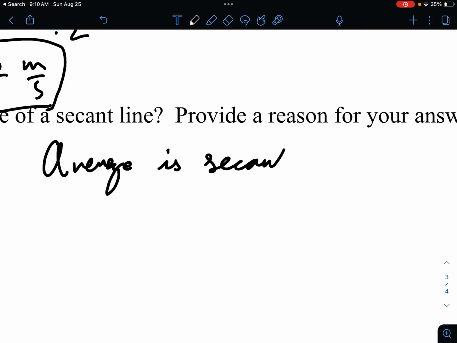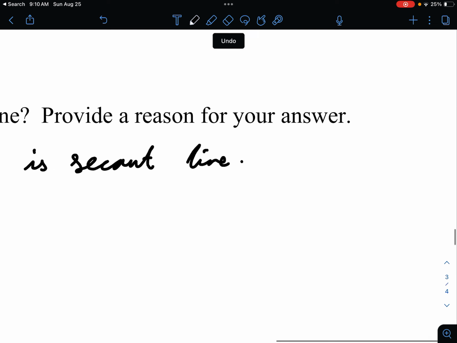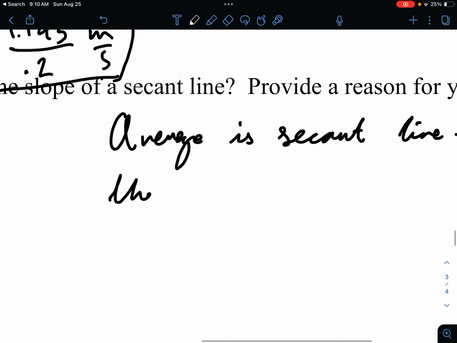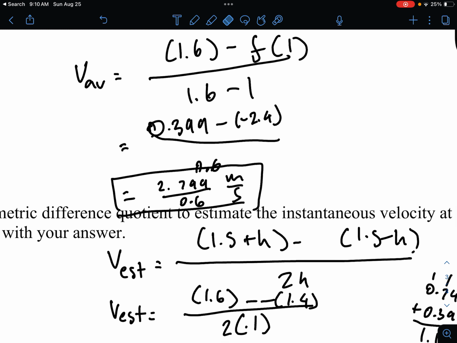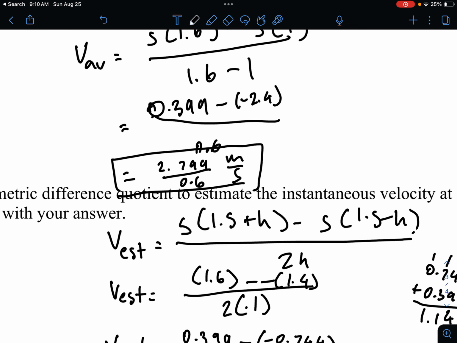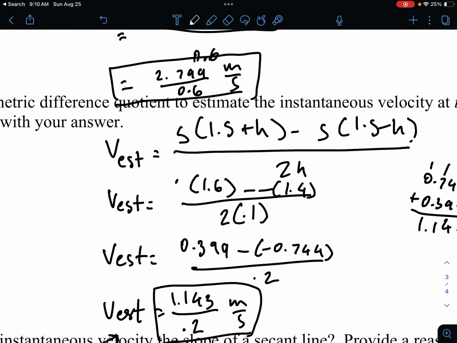Secant line. And I'll say, to find the average velocity, and by the way, this is notation, I just remembered. Don't say f, say s.